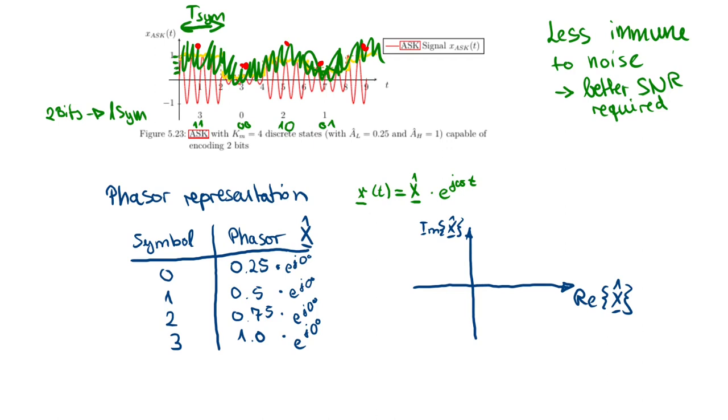Yeah, and modern communication systems are adaptive, so they can measure the signal-to-noise ratio, and the transmitter and the receiver negotiate the number of states so that you always have an optimum of a good bit error rate and good reliability.